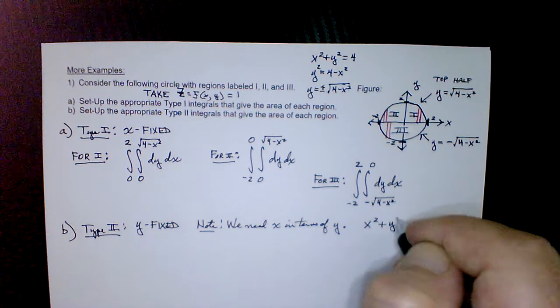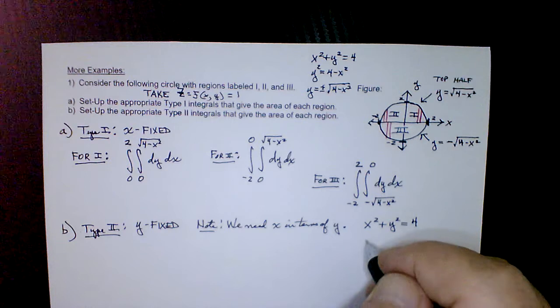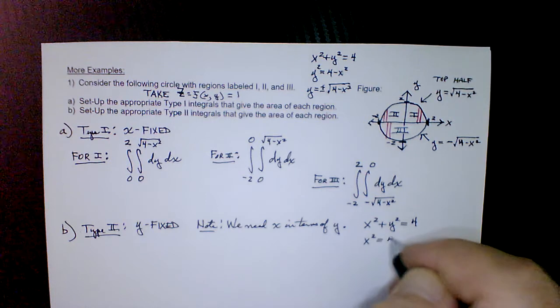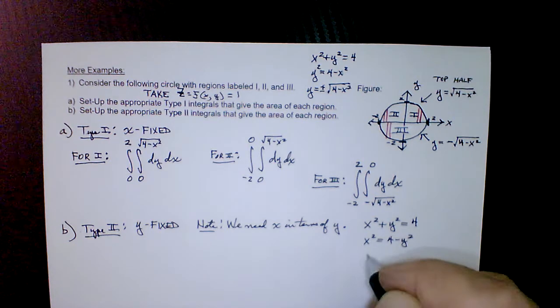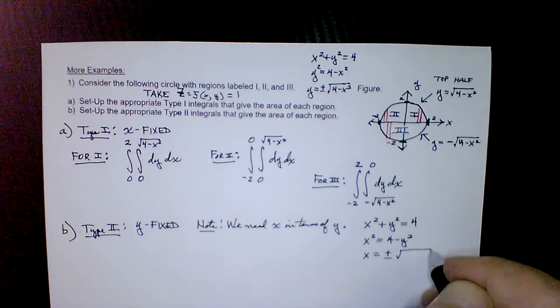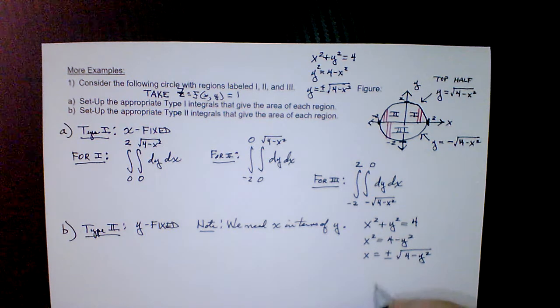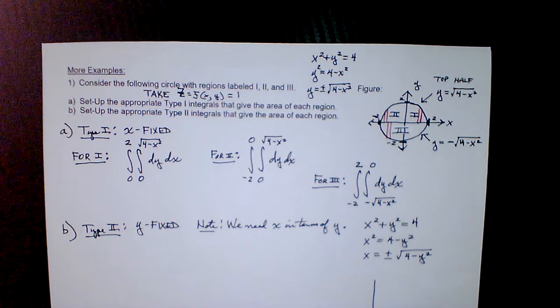X squared plus y squared is 4. And now we solve for x in terms of y. So x squared is 4 minus y squared, and x would be plus or minus the square root of 4 minus y squared.